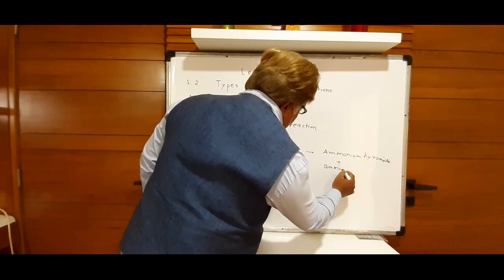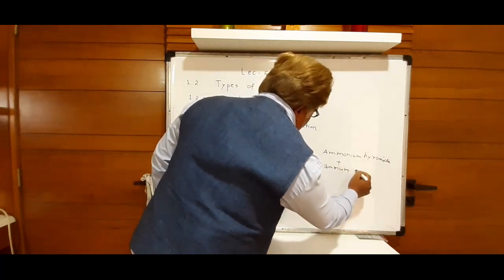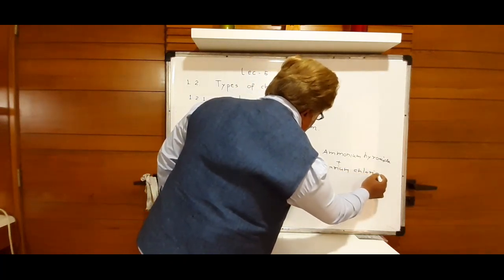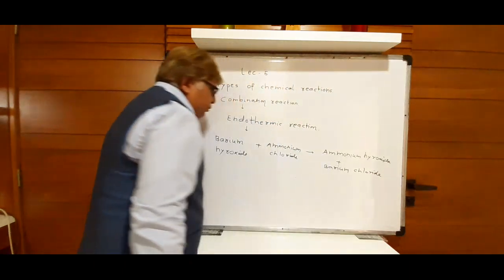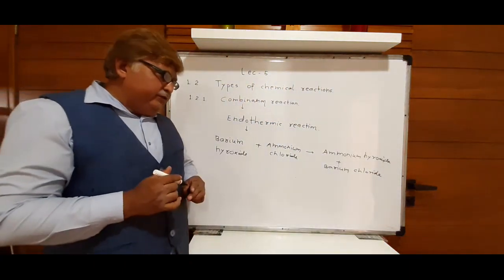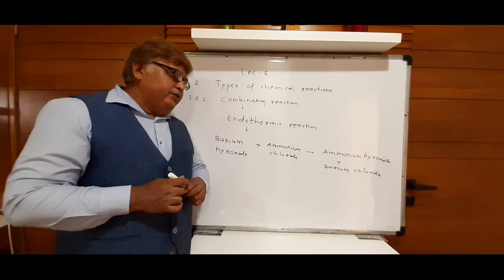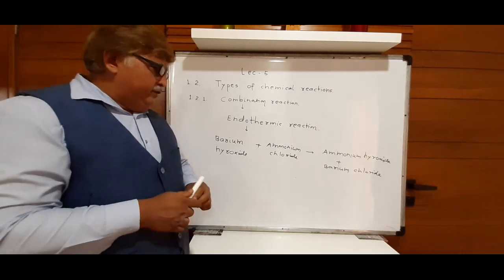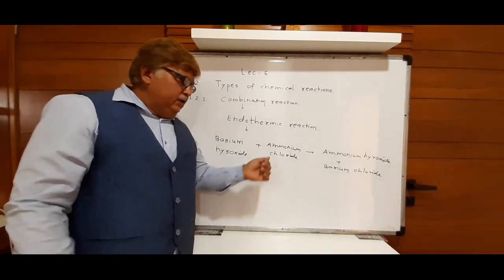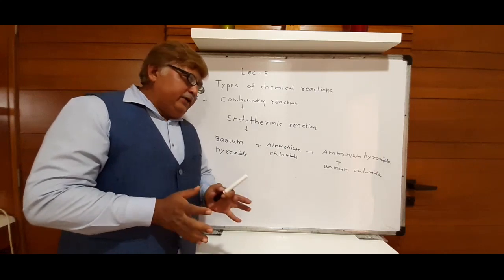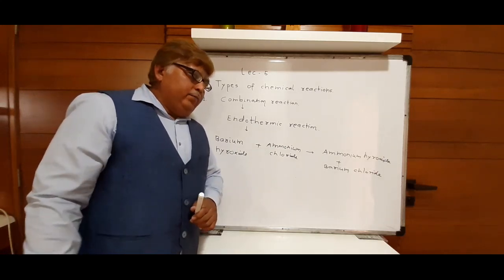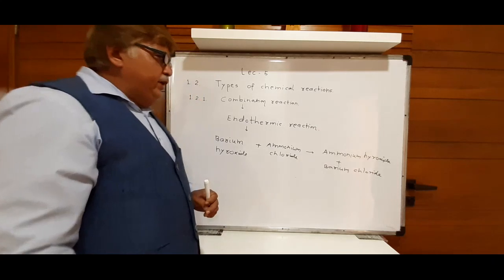Okay, these are the products. Some students must have written it, and those who are able to write the products during this chemical reaction, that means it's a good effort. Barium hydroxide plus ammonium chloride react with each other and form ammonium hydroxide and barium chloride.